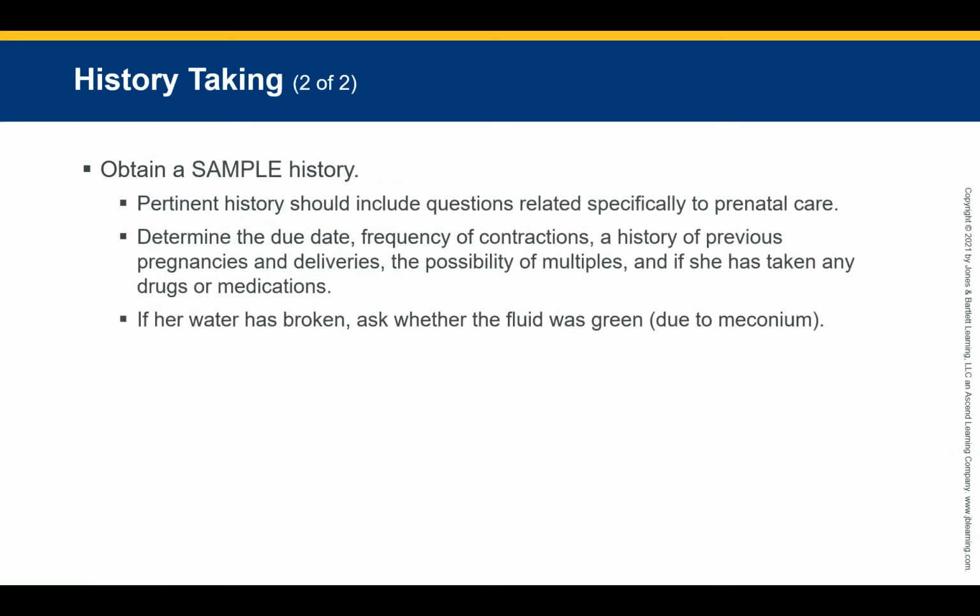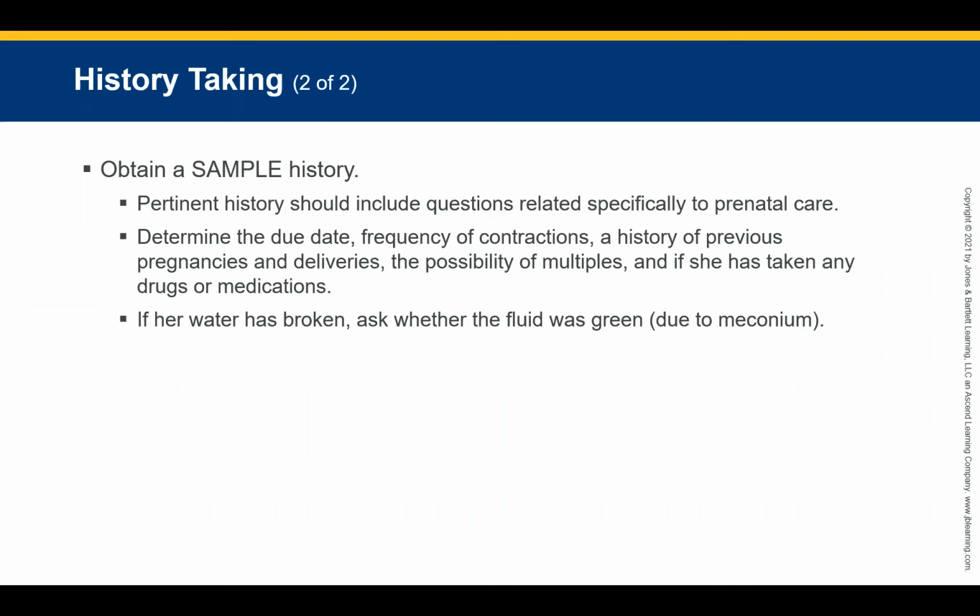Some of the questions specifically related to prenatal care: identify any complications the patient may have had during pregnancy or potential complications during delivery. Determine the due date, fetal movement, frequency of contractions, and a history of previous pregnancies and deliveries and their complications.